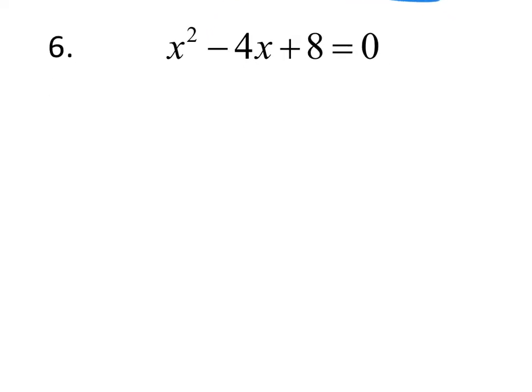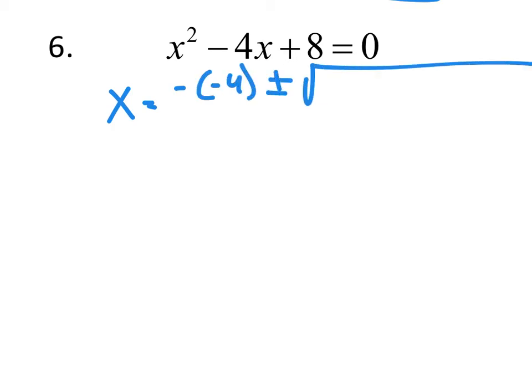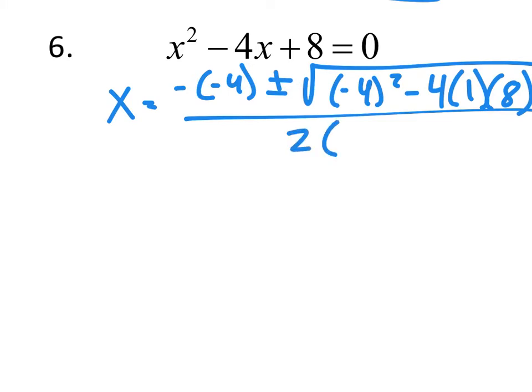Okay, so number 6 here, we start by checking to see if this can be factored, and it cannot. So we have x equals -b plus or minus the square root b squared minus 4ac all over 2a.